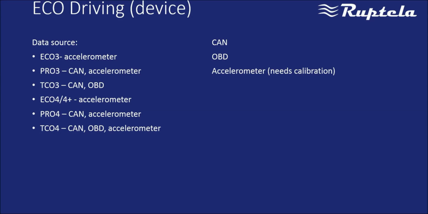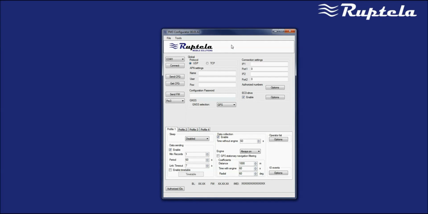Before installing the device into the vehicle, we must configure it first. To do so, connect your device to your computer, install all the necessary drivers for the computer to recognize the device, then download the configurator program from our FTP server.